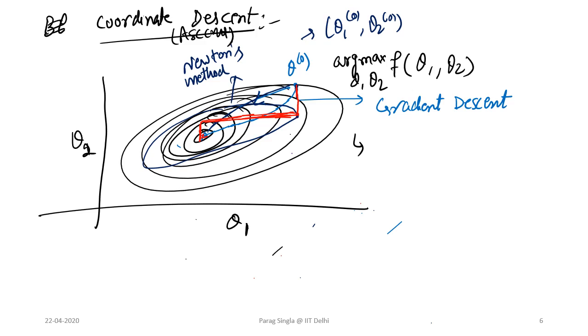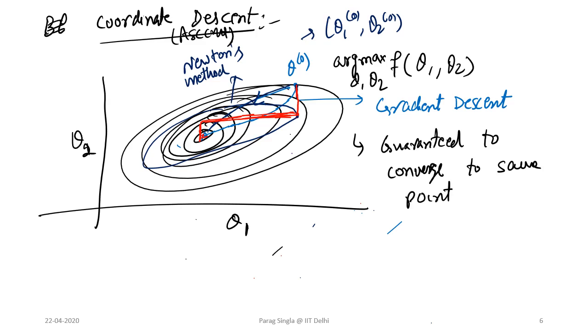And what is interesting is that this whole coordinate descent or ascent is also guaranteed to converge to the same point as what gradient descent does, which is a local optima of the function.